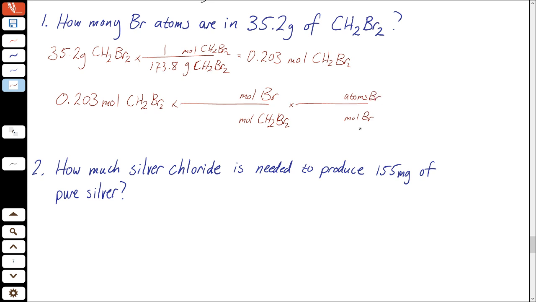Again, I always put the units in first just to make sure that everything's on the right side of the equation before putting the numbers in. That tends to help stop me from making mistakes in terms of putting the wrong thing on the wrong side of the fraction. So this one I know is that number. And then this one is just 2 moles of bromine per mole of compound, because the subscript of bromine in the compound is a 2.